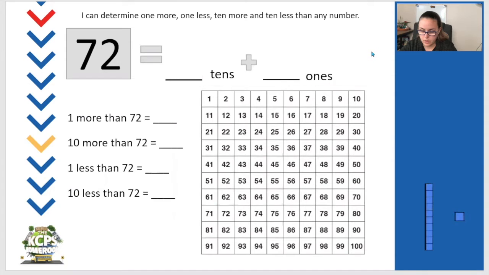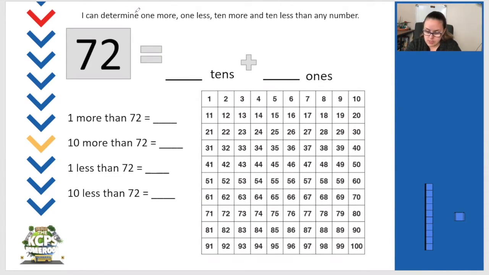There. Now, the first thing that I'm going to do when I utilize my hundreds chart is I want to highlight the spot or the square where the number that we start with is. So I'm going to take my yellow highlighter here, and on the hundreds chart I'm going to find 72.